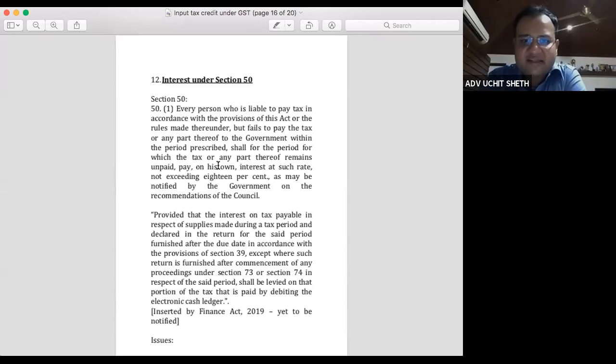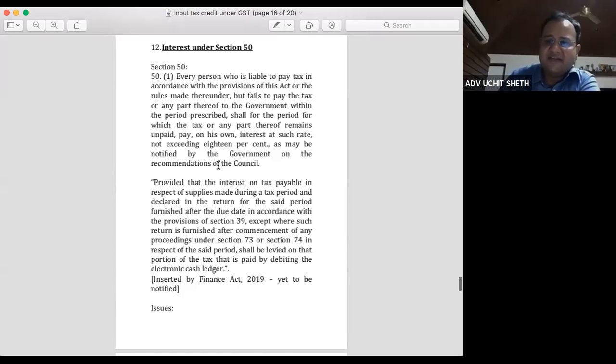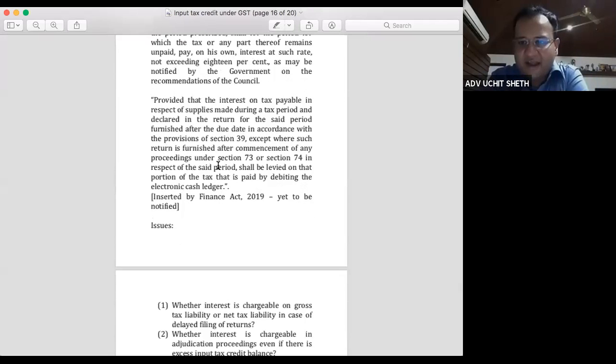The provision says that if a person fails to pay the tax within the prescribed period, interest is chargeable. The question is, suppose I failed to pay the tax and filed a belated return, but I had substantial credit with me and only 10% of my tax was paid through the electronic cash ledger. Am I liable to interest on 100 or only on 10 rupees?